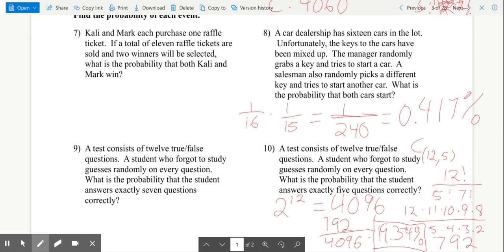You can see mathematically how if you're just guessing, the more you want to get right, the lower the probability that you're going to do that by guessing, which you guys all know intuitively anyway, but interesting to see it mathematically.